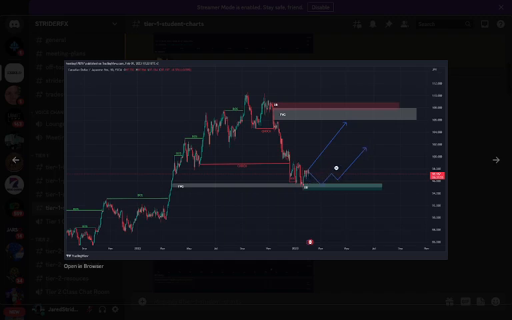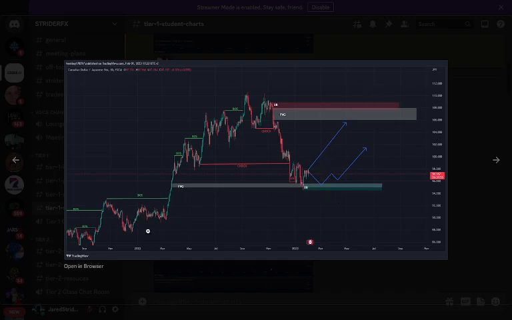This is entry for sure. However, we would have to break this high here, this wick or this high here, for us to have a change of character to then come back down into here, to then break this high again, and then an entry around here to go up.